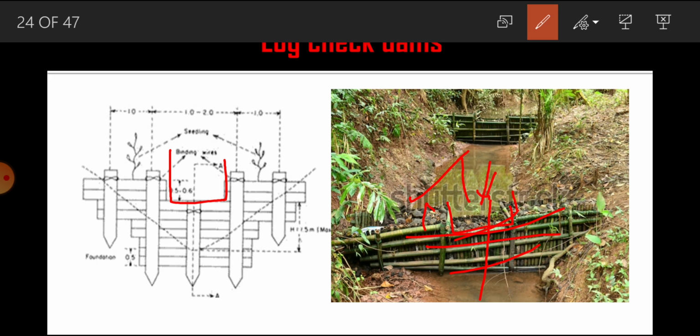So at this particular height, water will be maintained. This is another kind of water harvesting. And as I informed you, such a structure must be installed at some interval throughout the gully.